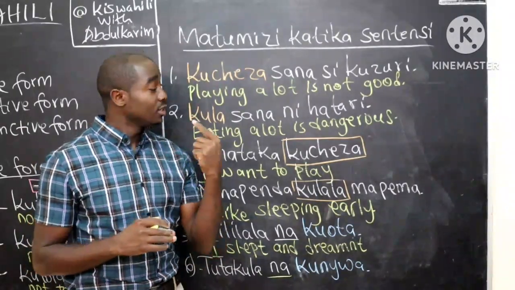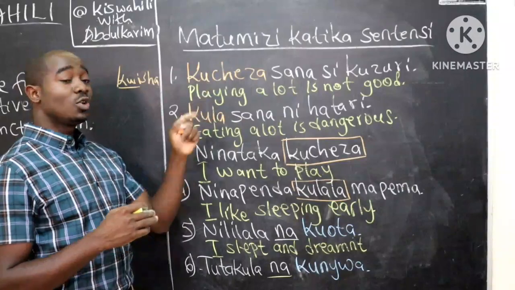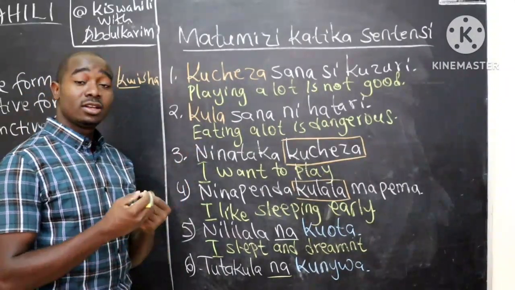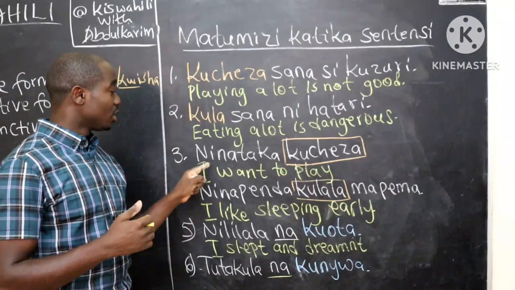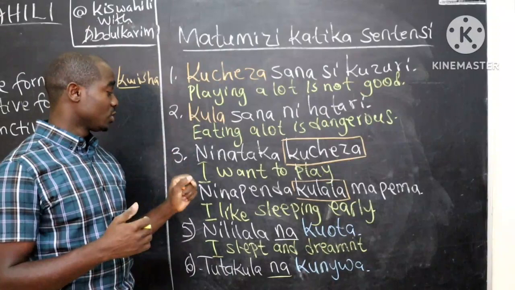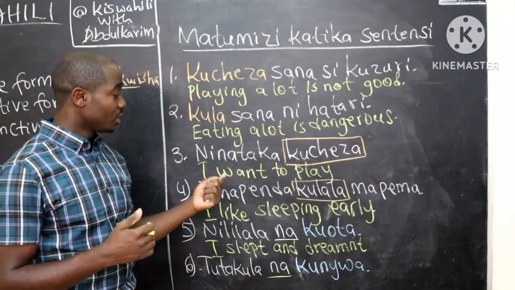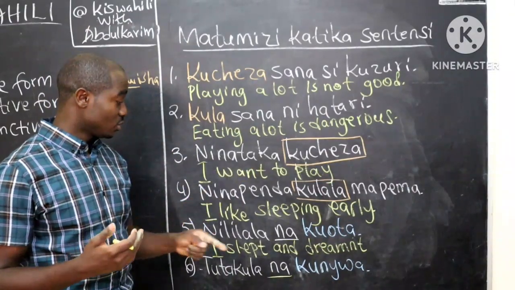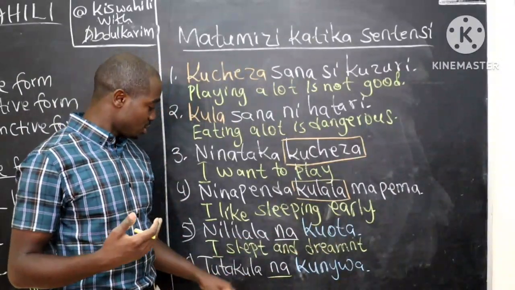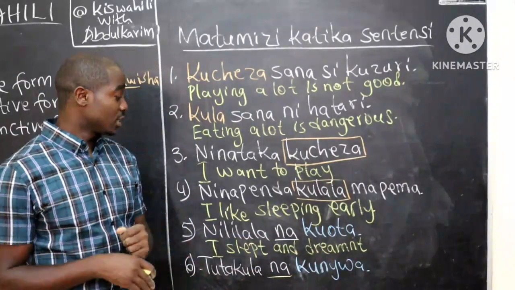Kucheza will be ninacheza. I am playing. Kula, ninakula. This one, the ku will not be omitted. Kuota, ninaota. Kunywa will be ninakunywa. Sawa?